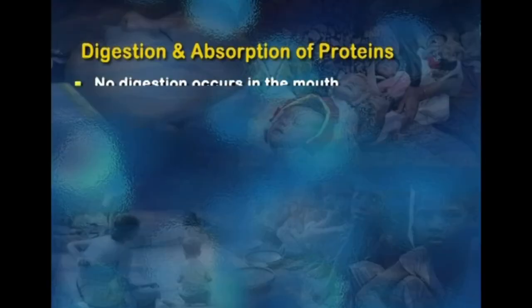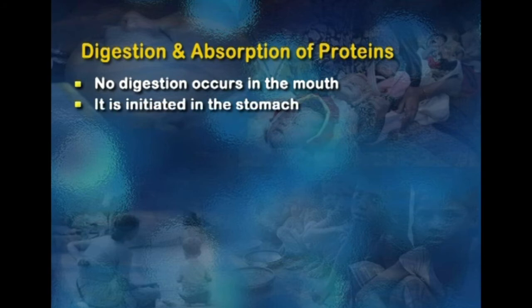The third module that we will discuss is the digestion and absorption of proteins. We must remember that unlike carbohydrates, no digestion of proteins occurs in the mouth. It is initiated only in the stomach.